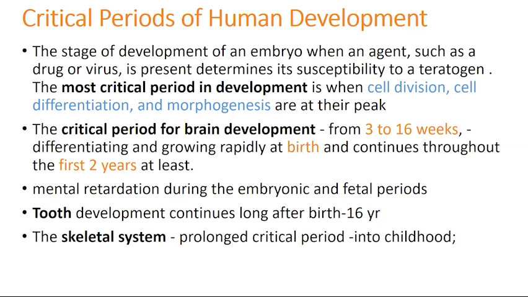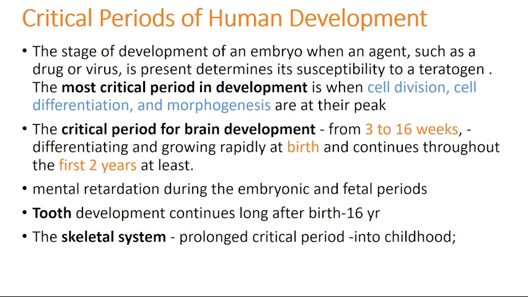Because your brain continues to grow even after birth, it is said that up to the first 2 years, when the brain is developing, is a critical time period. Anything even after birth can act as a teratogen. Tooth development erupts at 6 months, then there is milk teeth production, then the permanent teeth. So that is a long critical time period.